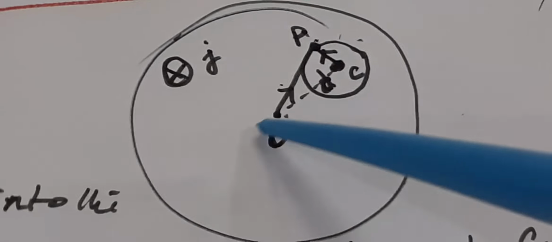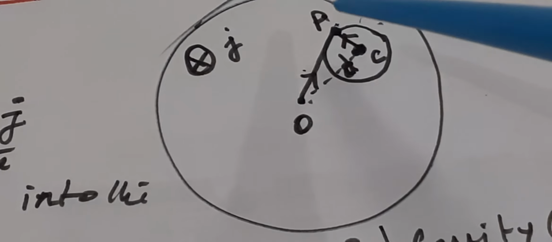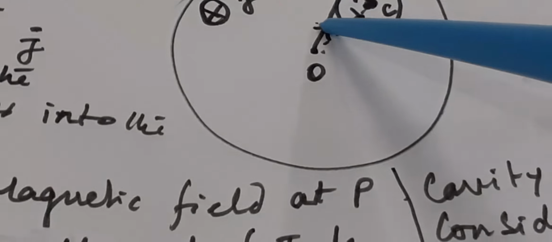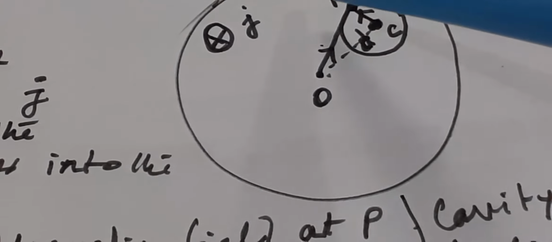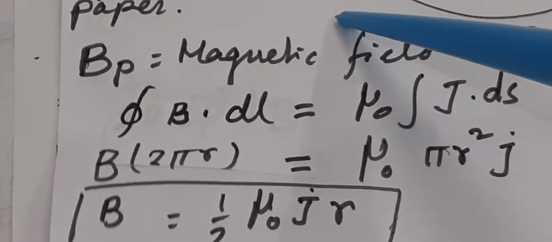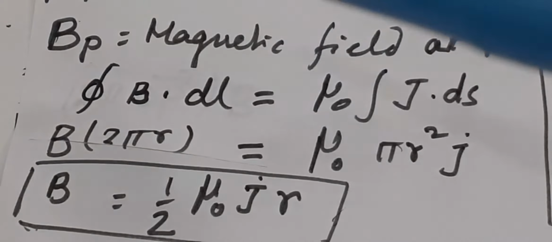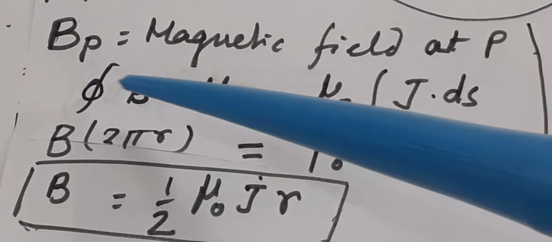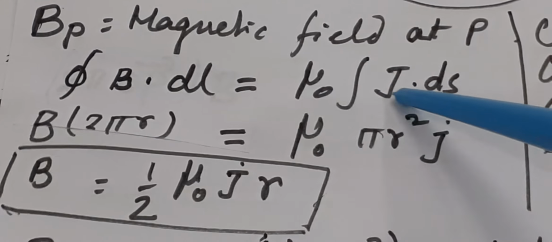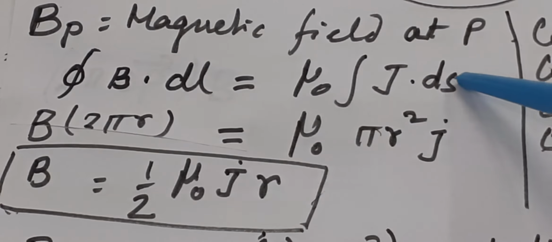Now let us calculate the magnetic field at position P when we assume that there is no cavity and current is going into the paper. In that case, the magnetic field at position P will be, from the closed integral of B dot dl, equal to mu naught I, where I means J into dS.